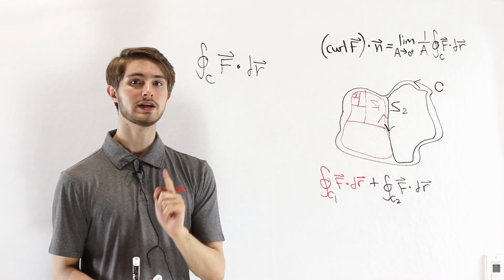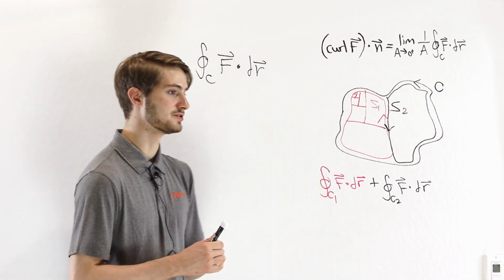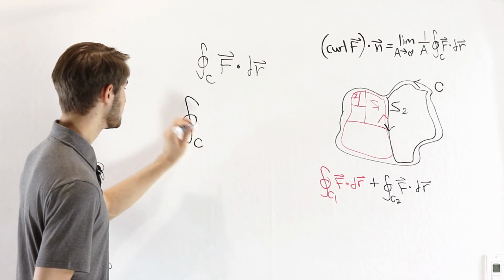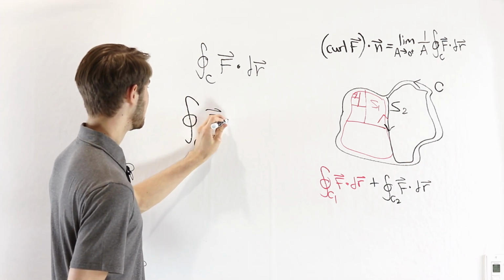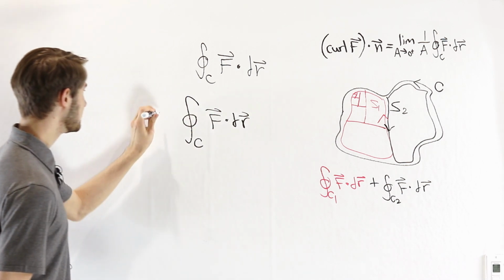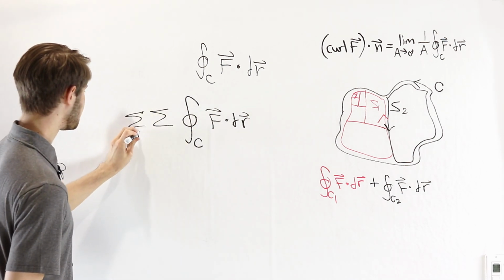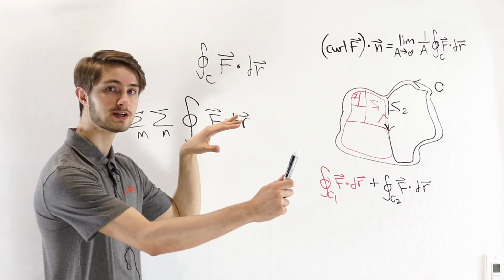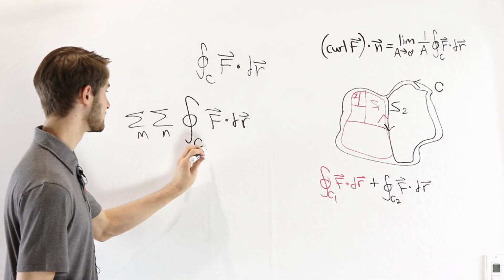So let's consider an arbitrary sum of these surfaces. We're taking the line integral over the curves of f dot dr, and we're going to add those together for an arbitrary amount of surfaces. We've split up the surface into a bunch of parts.